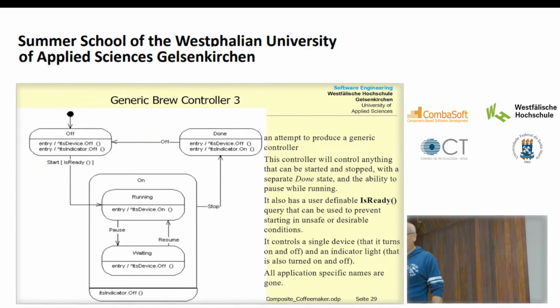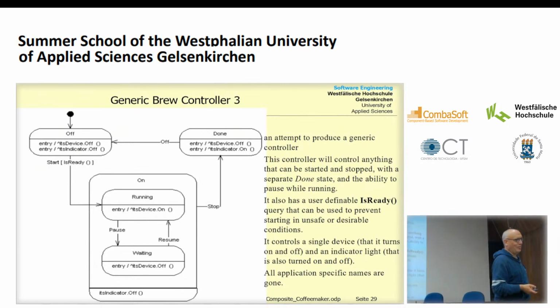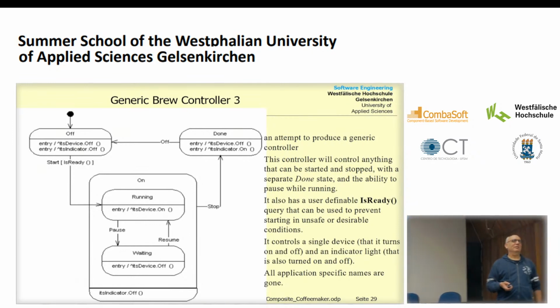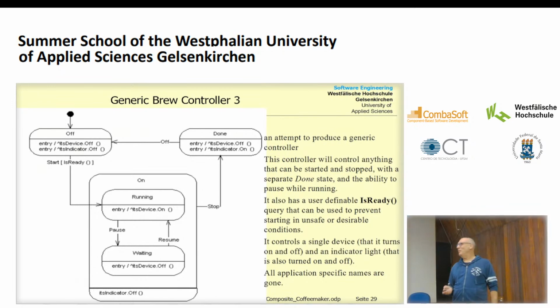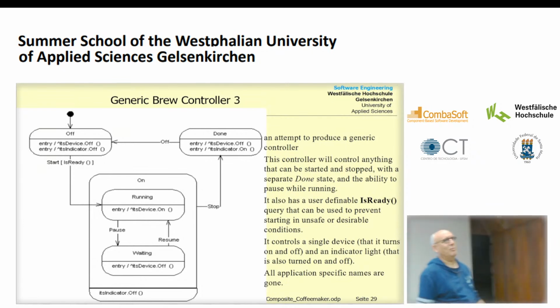You are a member of the company, the manager of the company developing hundreds of different coffee machines. So you tell your developers, why do you always develop the same software for every system? Make me a solution which is appropriate to every one of the 100 different coffee machines.